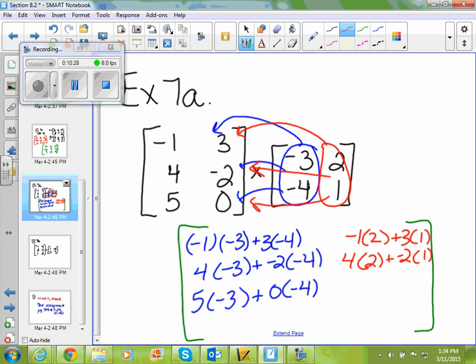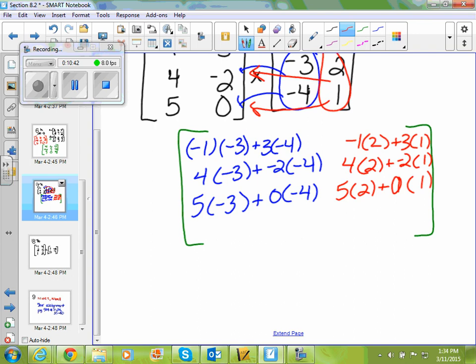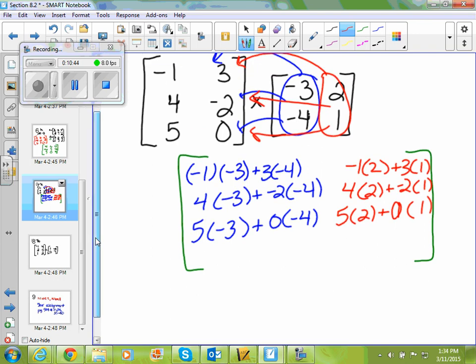And in my third row, 5 times 2 plus 0 times 1. Okay, so let's actually figure out what those equal.